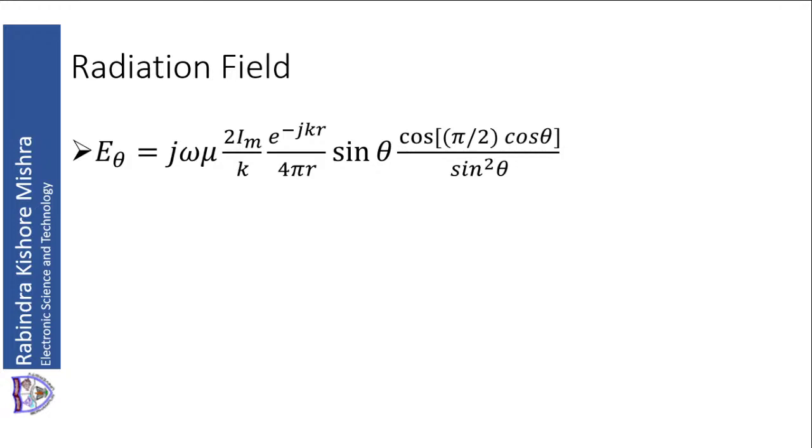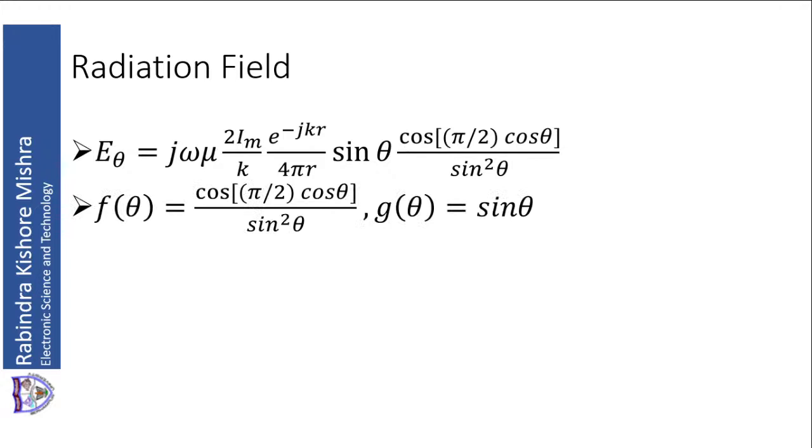So finding out A theta, we will get E theta is equal to j omega mu, that will remain as it is, 2 Im by k exponential minus jkr by 4 pi r sin theta cos pi by 2 cos theta by sin square theta. This will be what is E theta. Let us write this cos pi by 2 cos theta by sin square theta as f theta and sin theta as g theta.